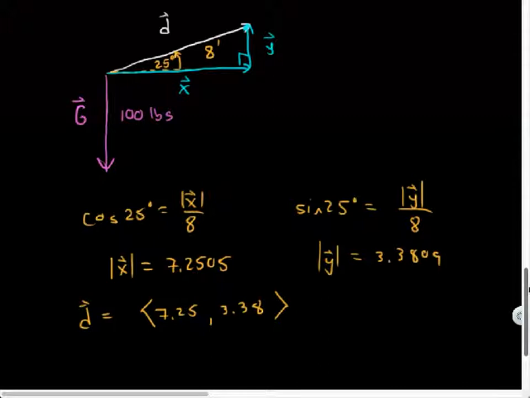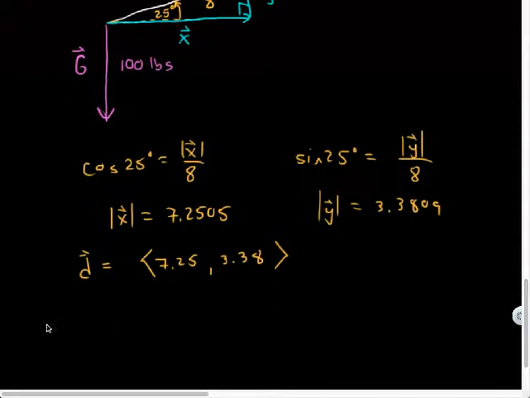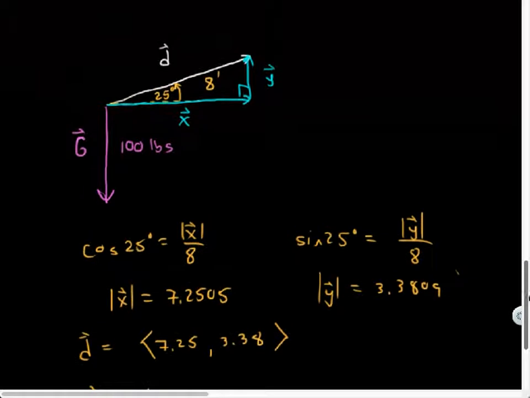And if I want to represent my gravity vector as an ordered pair, what is the horizontal component of my gravity vector? This is still, these were for the displacement vector.